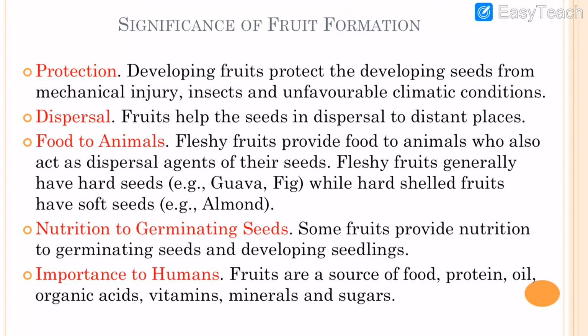Dear students, they also provide food to other animals, and they provide nutrients when the seeds germinate. They are also important to us because fruits are a source of food for us. They provide us proteins, oils, organic acids, vitamins, minerals, etc. So dear students, we can say that fruits are very important to us.